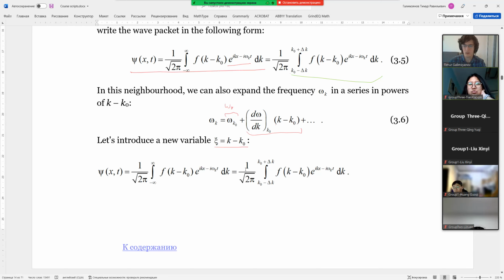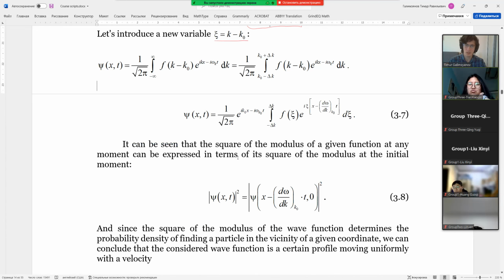Do you need this precise explanation of the derivation of these equations or not? Can somebody answer? Do you hear me? Do we need to describe in detail the derivation of the equations, or can I just show the main equation?